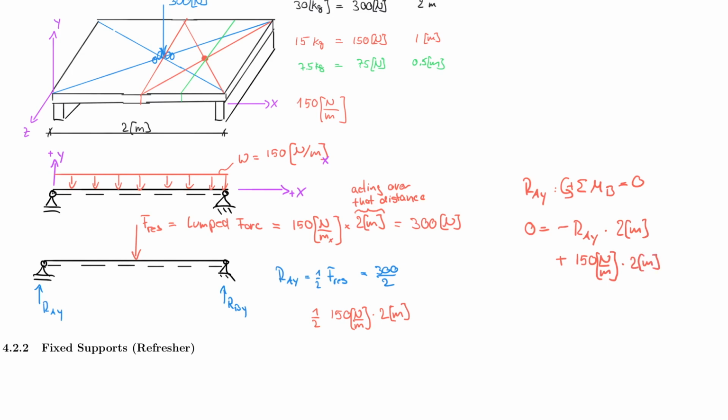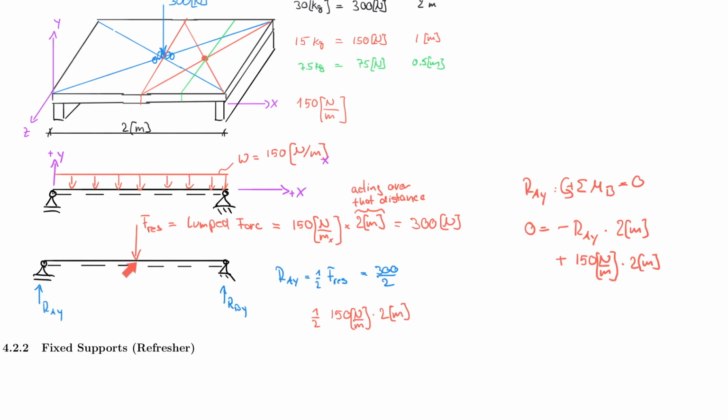And this is often where students stop, so let's take a break here and think about this. What do we have here? Here we have Newton times meter, and here we have Newton per meter times meter, so this would be Newton. And you cannot physically combine Newton in one equation with Newton meter. So we need to multiply this by its lever arm too.